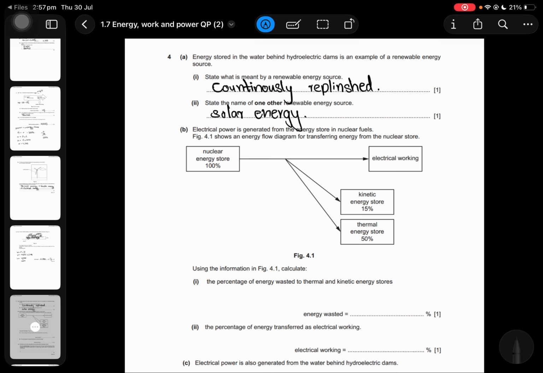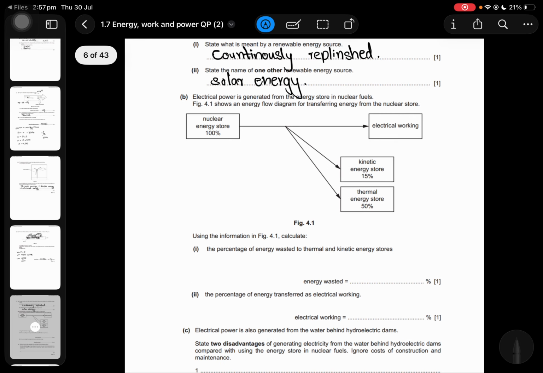Electrical power is generated from the energy stored in nuclear fuels. Figure 4.1 shows an energy flow diagram for transferring energy from the nuclear store. Using the information in Fig 4.1, calculate the percentage of energy wasted to thermal and kinetic energy stores.